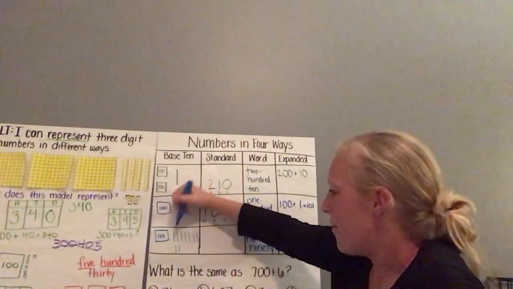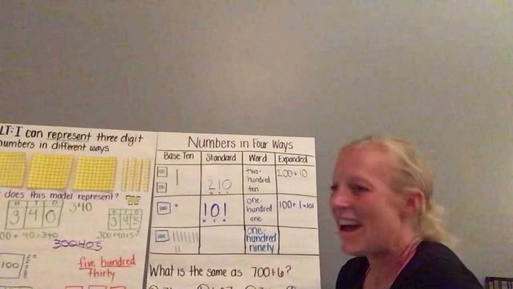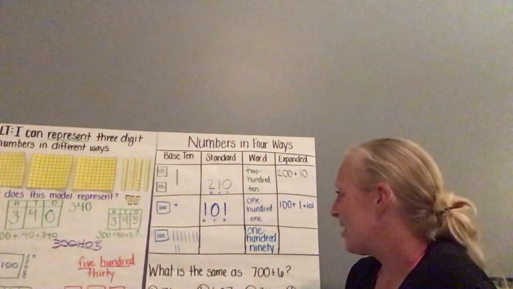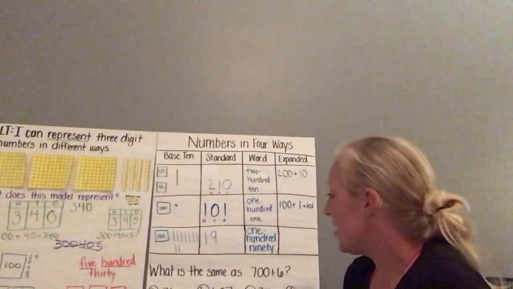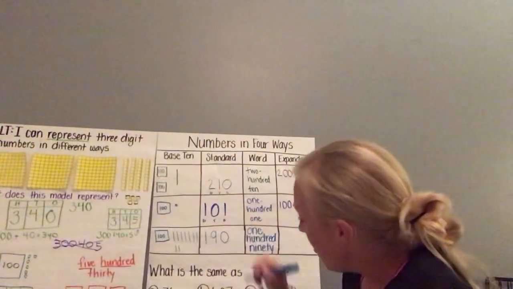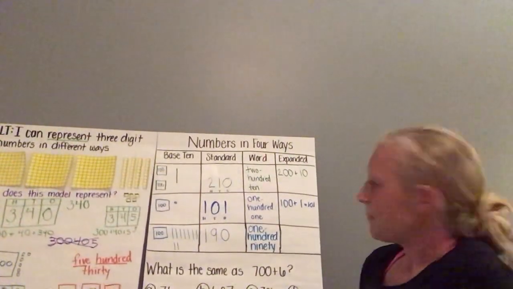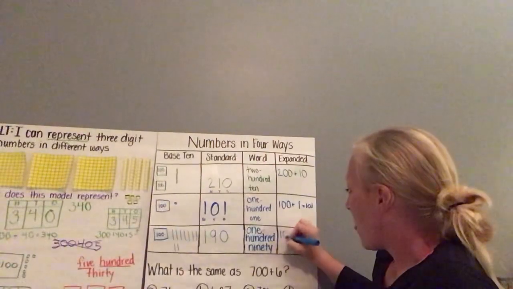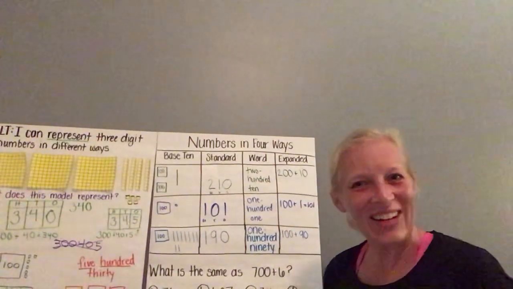How many do I have? 1, 2, 3, 4, 5, 6, 7, 8, 9 tens. 100, 9 tens. How many ones? Zip-o. So what does my expanded form look like? 100 plus 90. Very good.